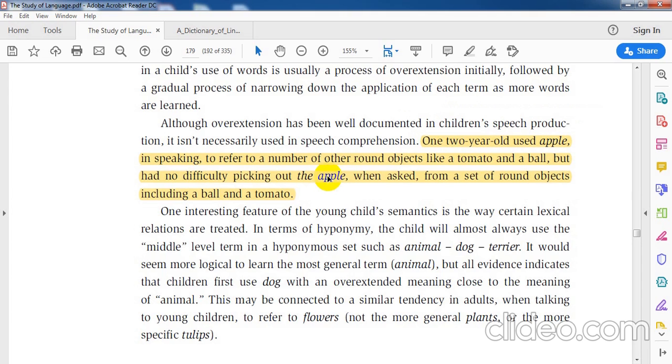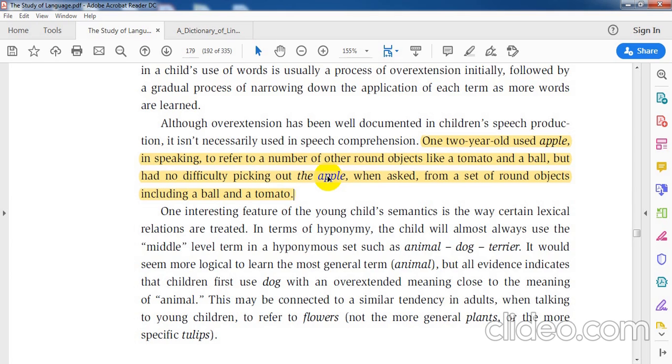Now, when that child is actually asked to pick up an apple among many different objects that are similar in shape, like tomato or ball or whatever, that child is able to recognize the apple, distinguish the tomato, distinguish the ball.